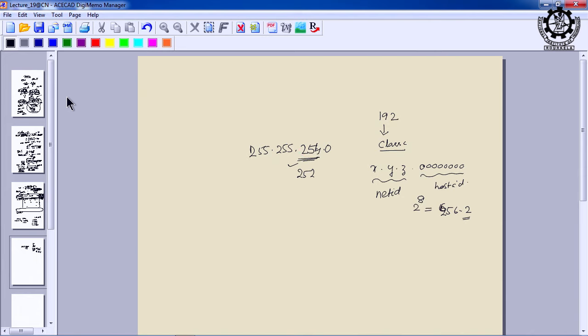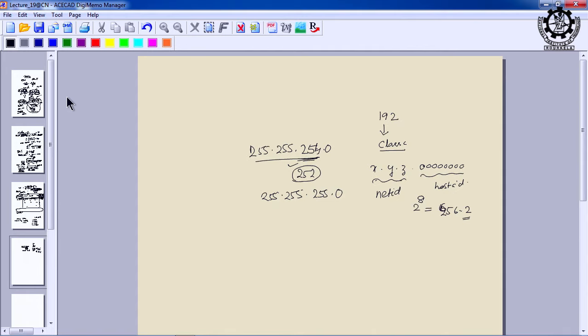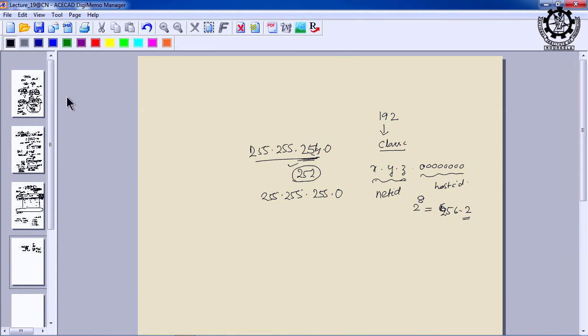But what should our mask actually be? Right? How do we get this 252? We have a class C because 192 starts with it, quite obvious, and by rule 3 bytes are for the net ID and your mask should be 255, 255, 255, but we have a mask of 252. How is it possible? This is your homework assignment, do it and tell me in the next class.